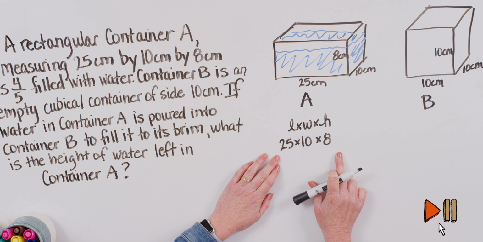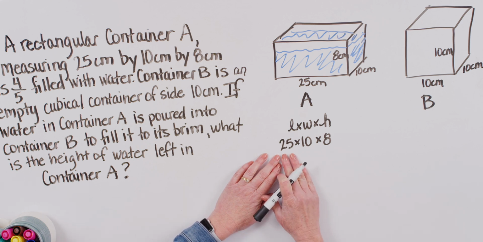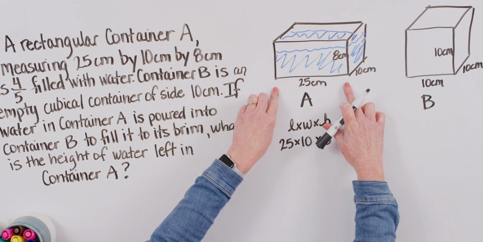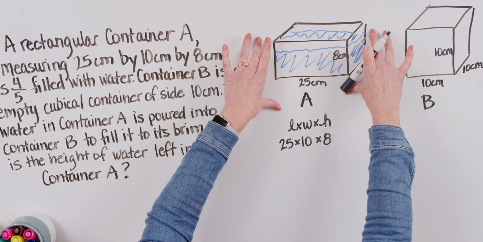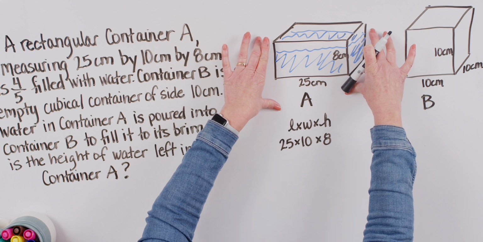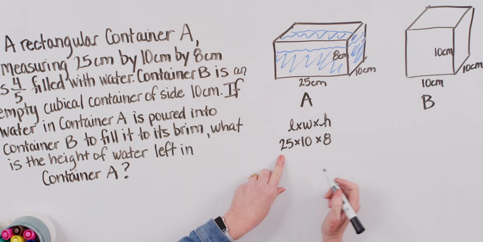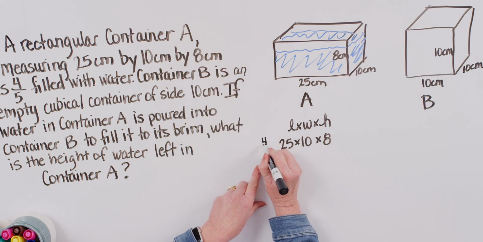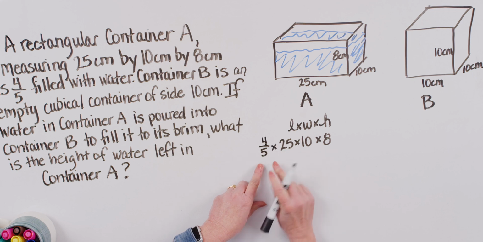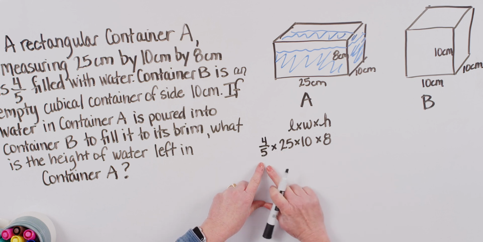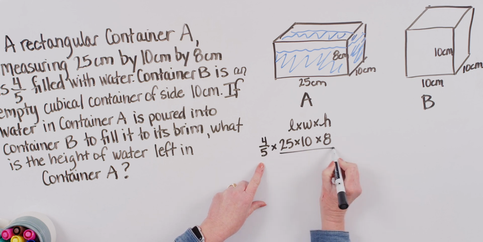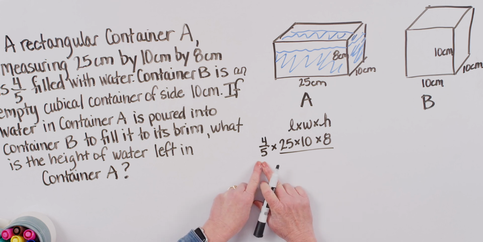Or before multiplying them, you can also think, but the water is only 4/5 of the volume of the entire container, so I would just want 4/5 of this. I can put my fraction here, or I can add it at the end, but I want all of this, which is the full volume, but only 4/5 of it.